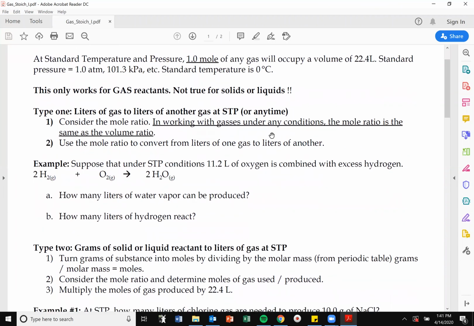And so in all of these problems, if you have 1 mole of gas, the volume that it will occupy is 22.4 liters. And so 1 mole is a number of particles.